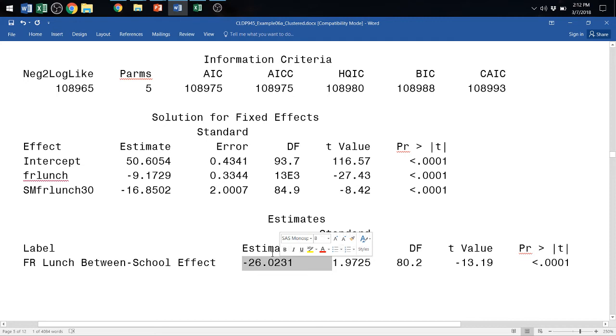So for every 10% more poor kids at your school, everybody at your school has lower math by minus 2.6. The whole school. Schools with more poor kids do worse. Specifically, for every 10% more poor kids, scores on average go down by 2.6.